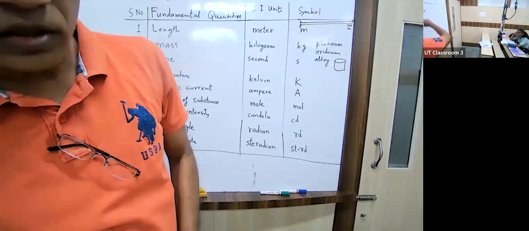So from the graph also we can analyze the nature of motion. Next, I will cover non-uniform. Uniform motion is a straight line.